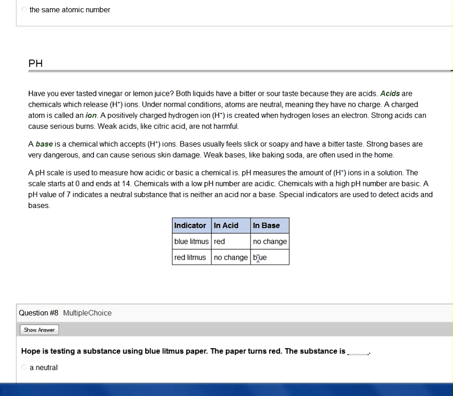So regardless of the color of paper, if it's blue, whether it stayed blue or it changed to become blue, that would be a base. If I use blue or red, it makes no difference. If it's red, either it stayed red or it turned red. Red reminds me of burning, which reminds me of acid. So if it's red color because it was to begin with or it changed to red, that's an acid. Okay, so that's how I remember that.